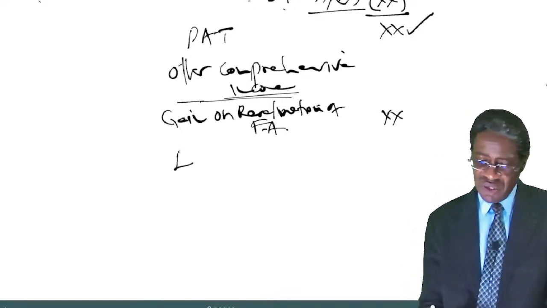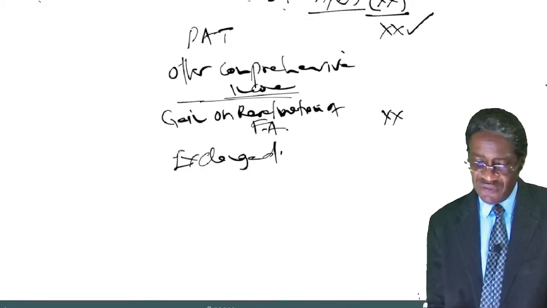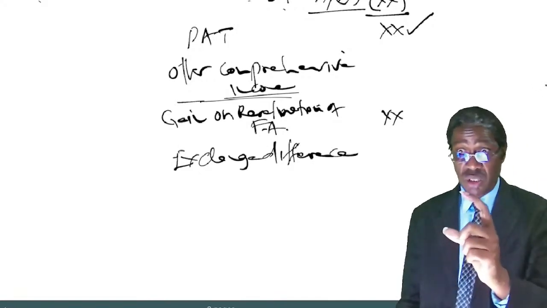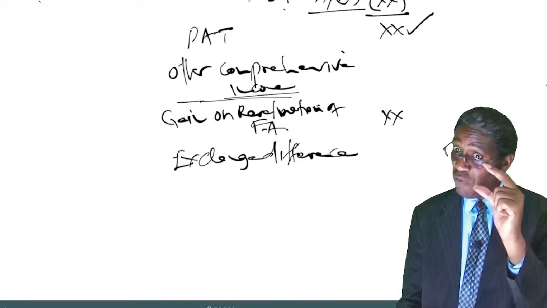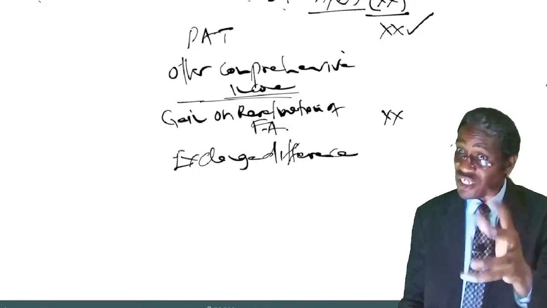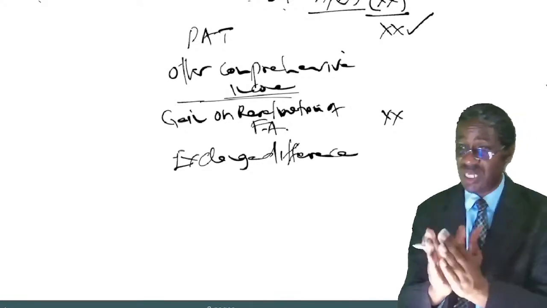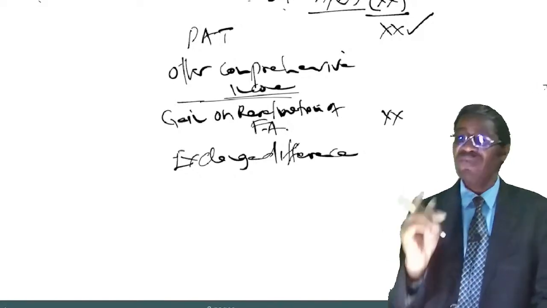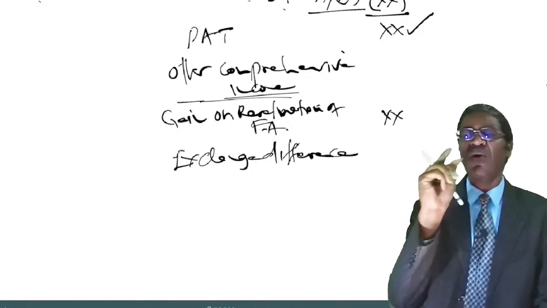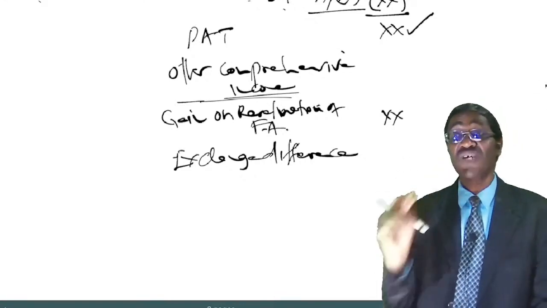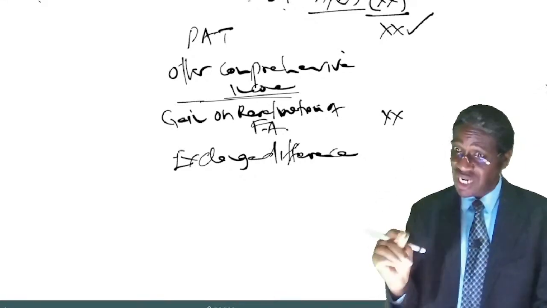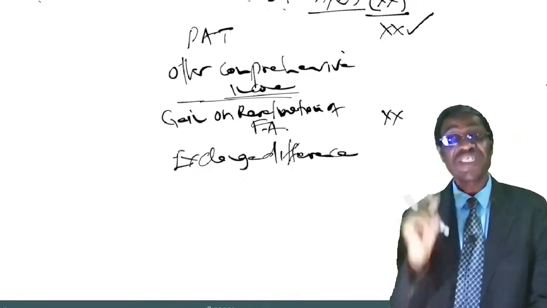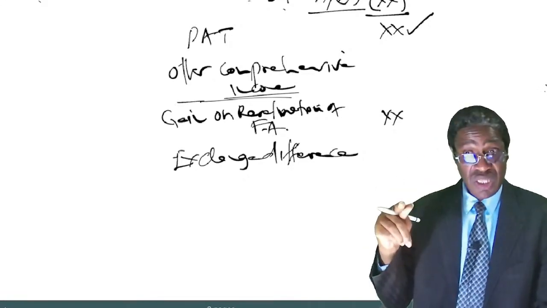The other one we gave was what we were calling exchange difference. Exchange difference on translation of financial transactions from one currency to another. Whenever you translate a foreign currency transaction from one currency to another currency, you as a company stand to gain or lose just because of the fluctuations in the exchange rate.